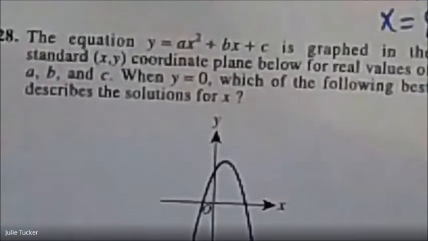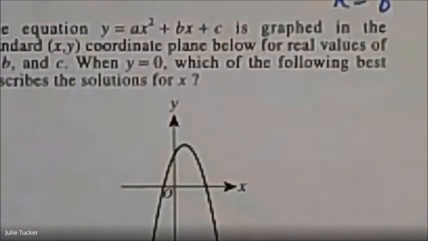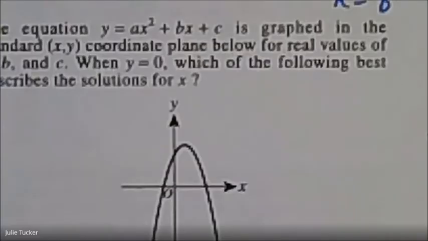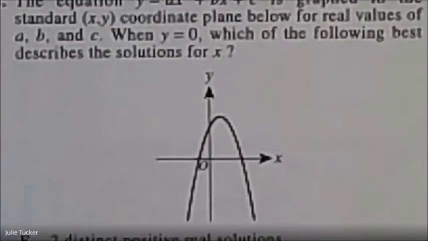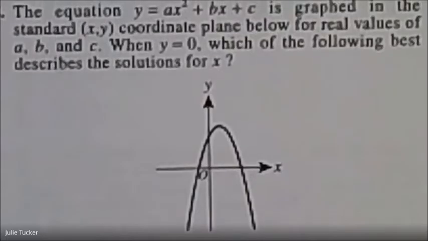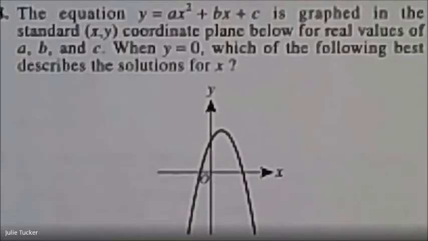Number 28. The equation y equals ax squared plus bx plus c is graphed in the standard xy coordinate plane below for real values of a, b, and c. When y equals 0, which of the following best describes the solution for x?